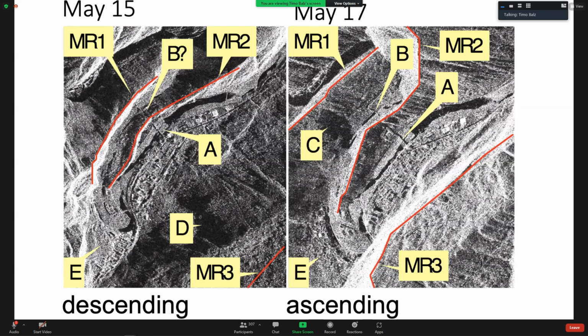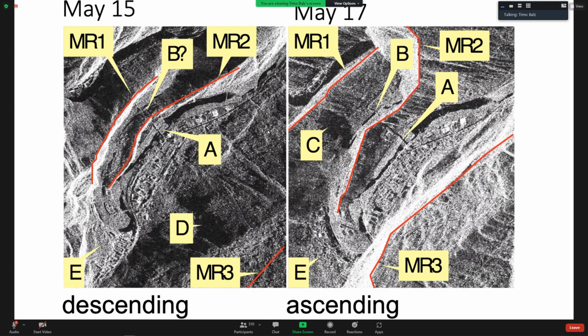All right, and when we're looking at A and B, the bridges, we can see them from both sides and identify them. But if we talk about landslide C here, we can identify that landslide in the ascending image, but we cannot identify it in the descending image. It would be somewhere here, not so sure. The reason is that in the descending image, landslide C is in the layover.